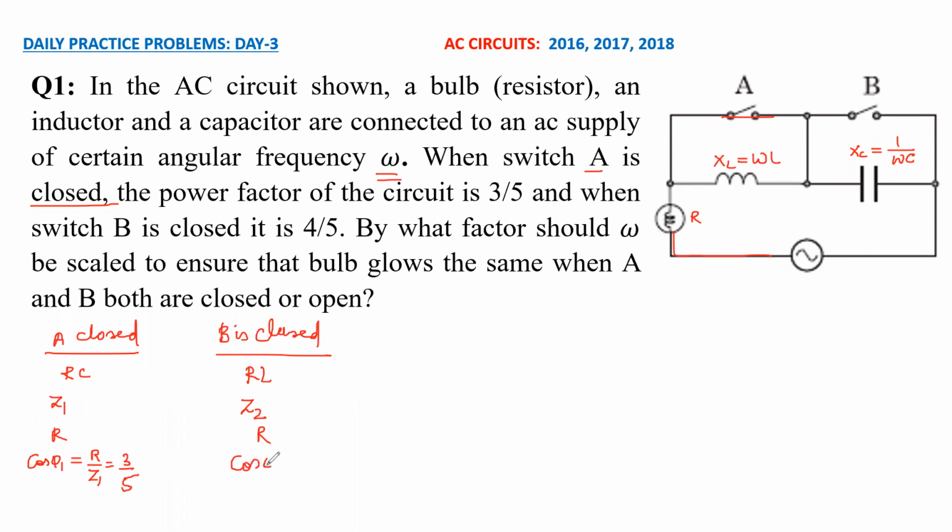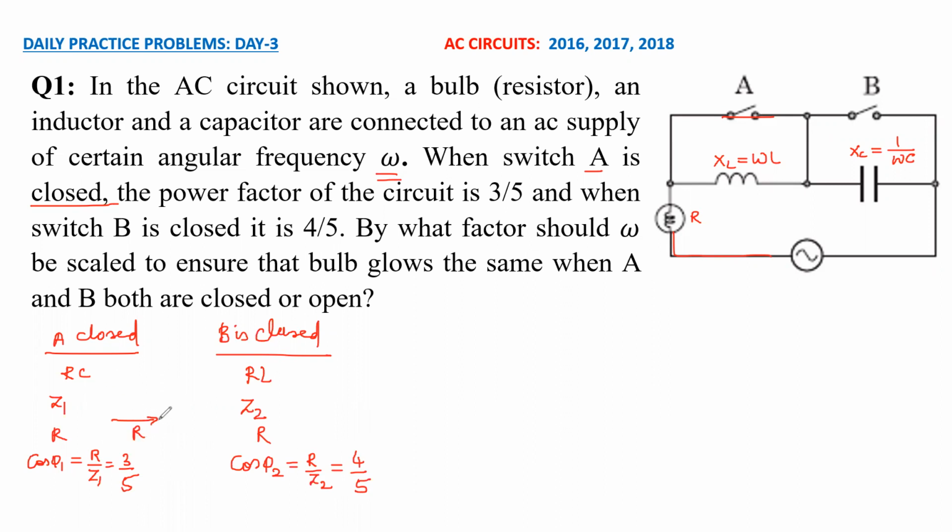And the power factor cos phi 2, R by Z2, is equal to 4 by 5.